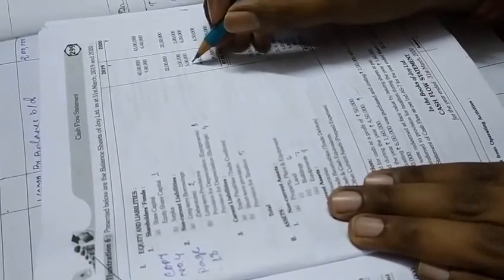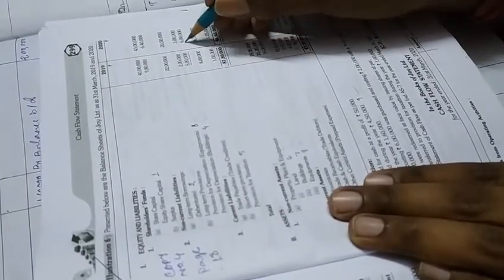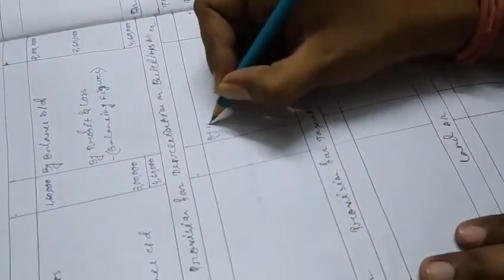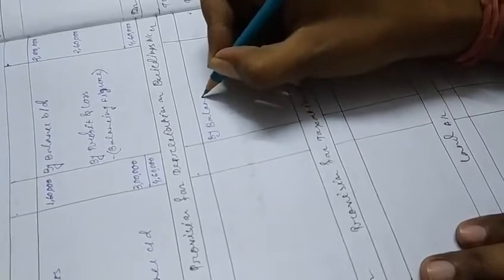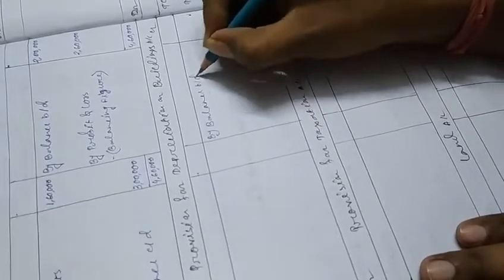So then next one is provision for depreciation on building. For provision for depreciation on building, the opening value is 5 lakh and the closing value is 6 lakh. The opening value, by balance b/d, 5 lakh.